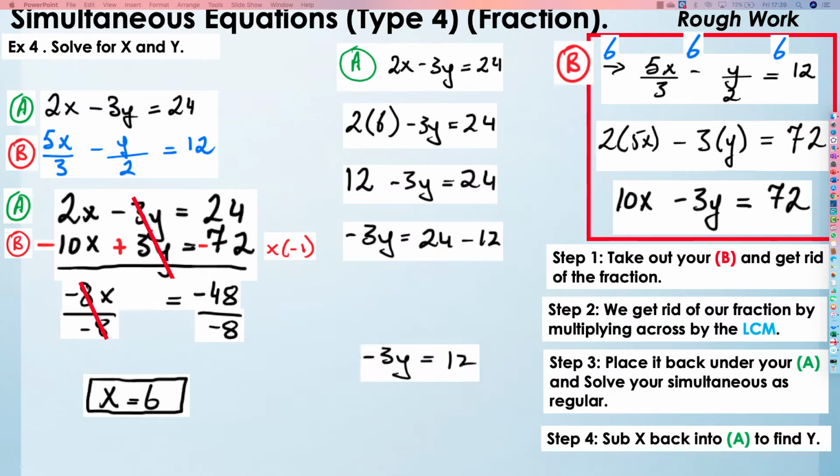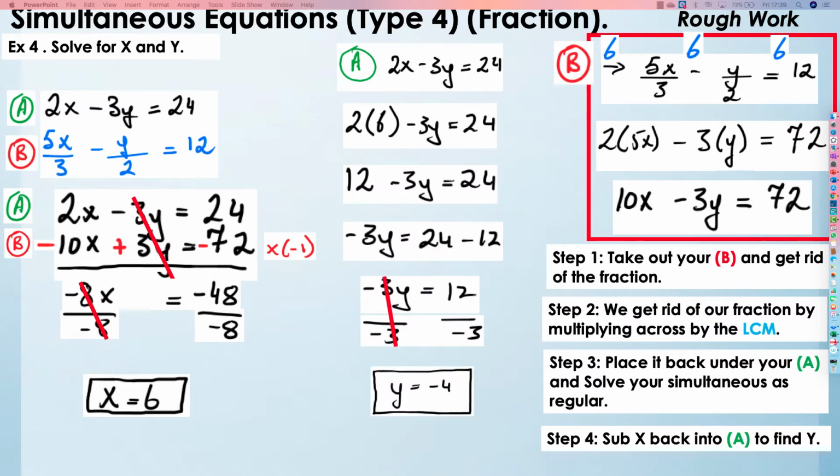Minus 3y is equal to 24 minus 12. Divide across by 3, y is minus 4.